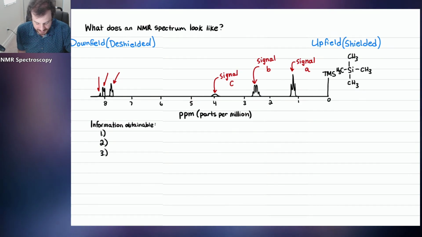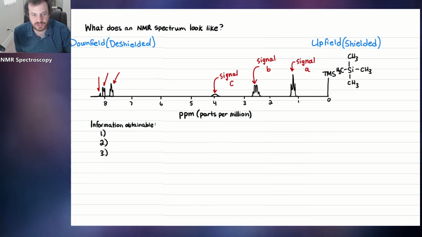And you can see that tetramethylsilane is chosen because it's very shielded. It shows up right at 0. We'll talk about why maybe tetramethylsilane is shielded. It also shows up as just a single line rather than a complicated peak. So it makes it ideal for calibration purposes. So if you ever see a spectrum with that TMS line, just know that that's how they calibrate it to set 0 equal to 0.